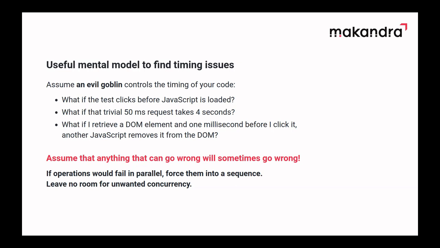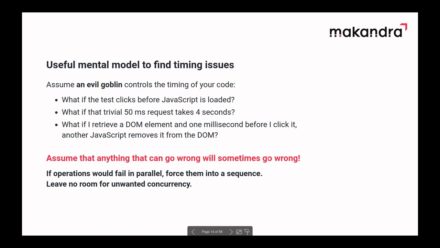Or what if that trivial request that always took 50 milliseconds takes 4 seconds? Or what if you retrieve a DOM element to click on it, and just 1 millisecond before you want to click on it, another JavaScript task removes it from the DOM? If you want to get better at stabilizing a test suite, get into the mindset of assuming that anything that can go wrong will eventually go wrong if the stars align.